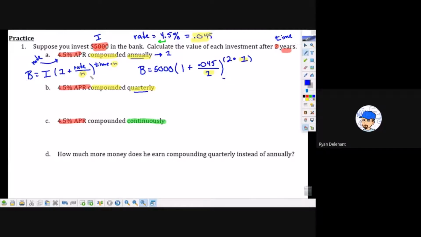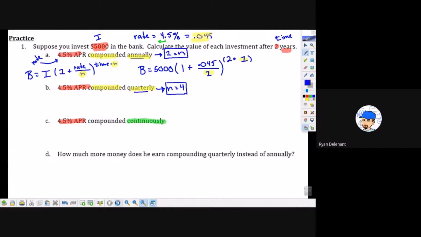That number n, which is what's going to change when we come down here, is based on this word, usually with an LY at the end. This tells me that n is going to be 1 for this problem. When I come down here and write this one, this quarterly is telling me the n value for the problem. How many quarters are in anything broken into quarters? 4. Break something into quarters, you get 4. This one tells you your n value is 4.